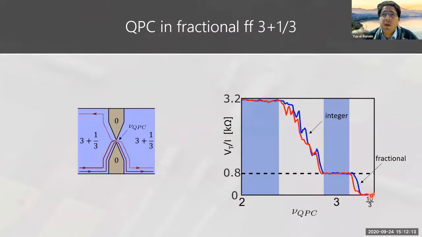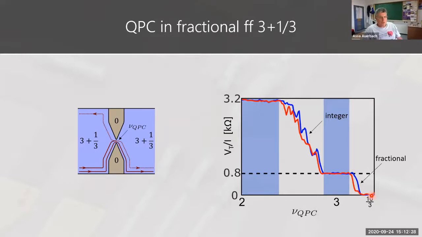So it might be not the best pedagogical but it's the same idea. This 1/3 fractional edge that you see is also a Laughlin state. Okay, that state has been measured in the bulk. People saw this. Filling factor 3 plus 1/3 is a plateau that people see. Okay. I didn't know that.